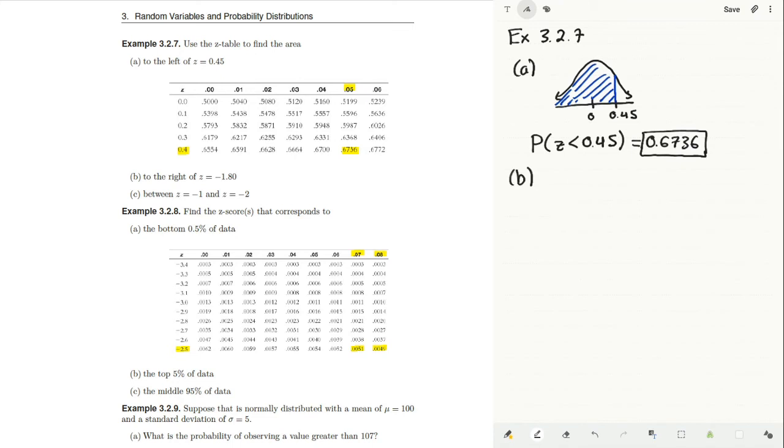So now let's find the area to the right of z equals negative 1.80. Let's first draw the region under the standard normal curve. The mean is 0, and we want the area to the right of negative 1.80, so we're looking for this shaded region.